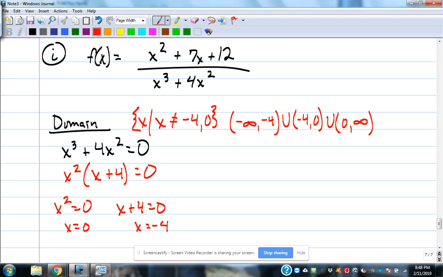What do we know about horizontal or oblique asymptotes? The top is less than the bottom. So that means the horizontal asymptote where? It's in one spot.